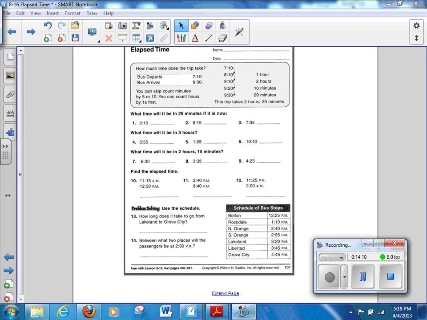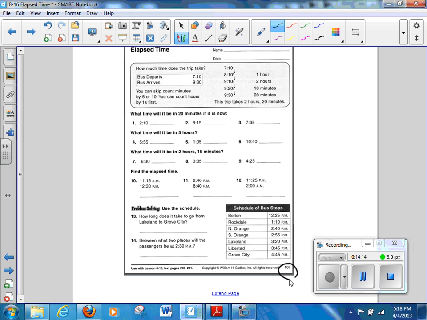Now that we've completed our lesson, let's take a look at the worksheet that you'll be working on. This is page 107 from your worksheet, and it is from your textbook on pages 290 and 291 if you want to refer back to those pages for some additional practice or maybe some more explanation. Our lesson, of course, was on elapsed time, and we remember that elapsed time is how much time between two times.